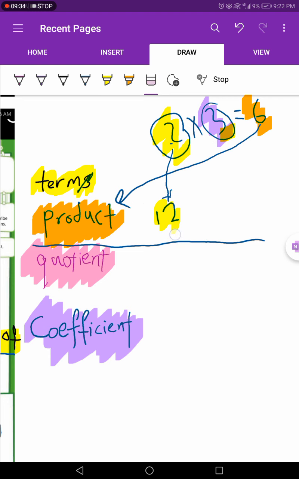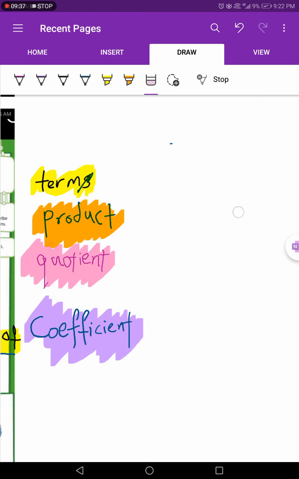Okay my boys. Now the quotient. The quotient is the answer of division. For example, n over 3. This is the quotient.